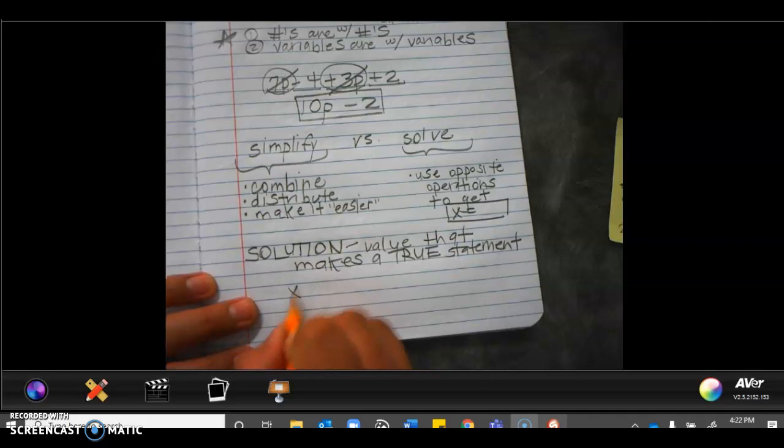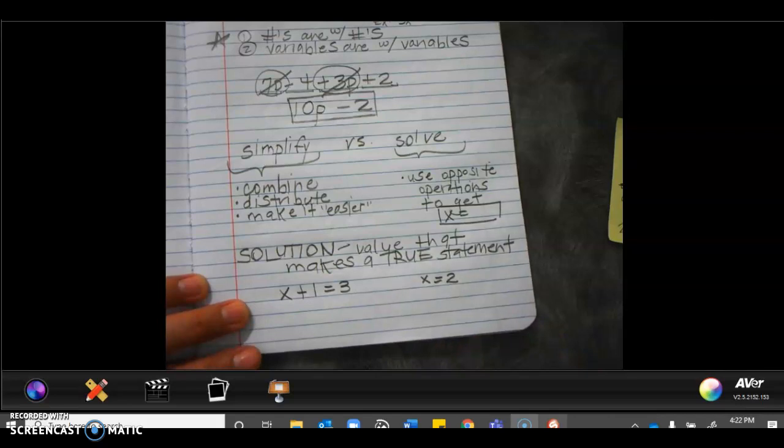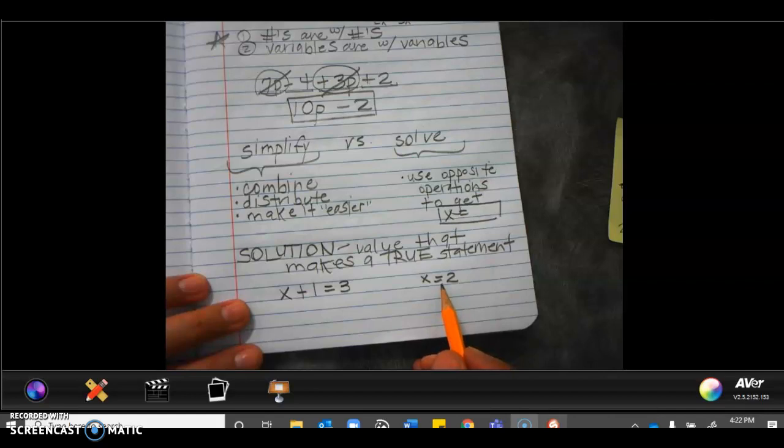If you had x plus 1 is equal to 3, and I told you x equals 2, and I want to check if it's a solution to my equation or not, we go ahead and plug in 2 wherever x is.